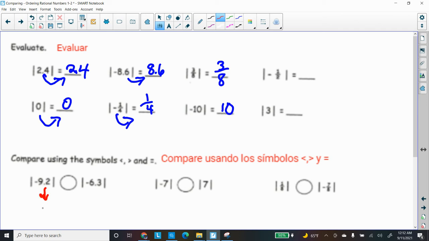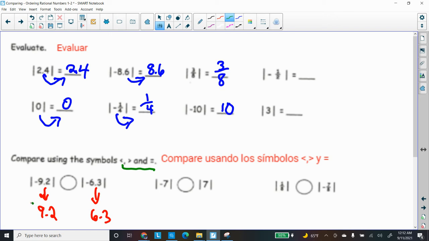So I'm going to take that 9.2 out of the absolute value because I don't need the negative. It's always a positive number. And I'm going to do the same here and take the absolute value of negative 6.3, and my answer will be 6.3. So now I have to compare using these symbols over here.